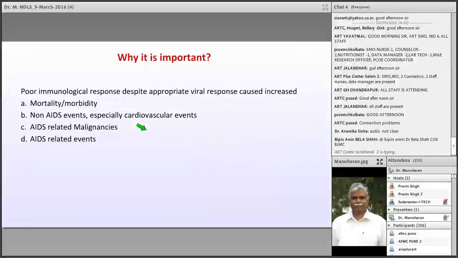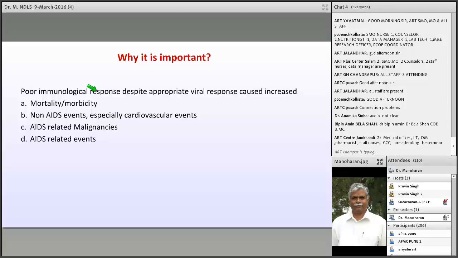So why is this immunological non-response important? Because poor immunological response, despite appropriate viral response, caused increased mortality and morbidity, increased non-AIDS events, especially cardiovascular events, AIDS-related malignancies, and AIDS-related events.